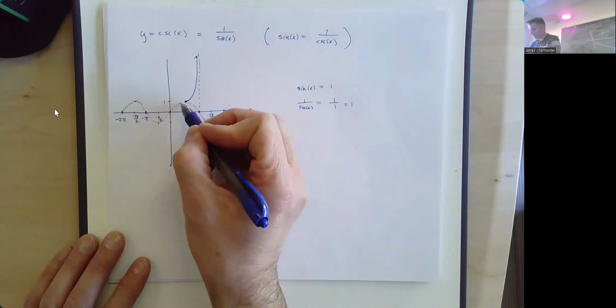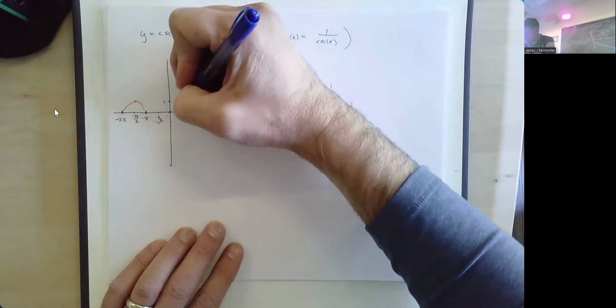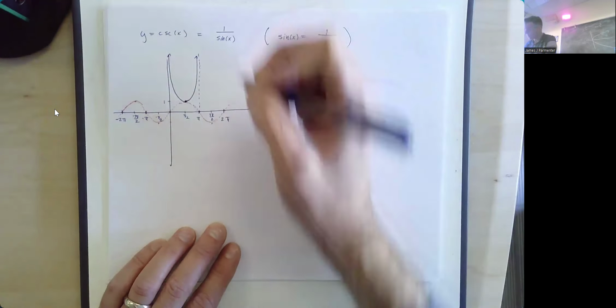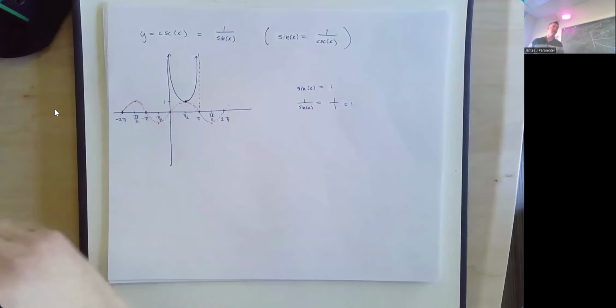As the sine graph gets closer to 0, the cosecant graph gets further away from 0. It is not a parabola, although it kind of looks a little bit like one. But it's really not, because parabolas don't have vertical asymptotes. When I drew this the first time, I thought, oh yeah, it looks like a parabola. So it has a parabola look, but it's not a parabola.